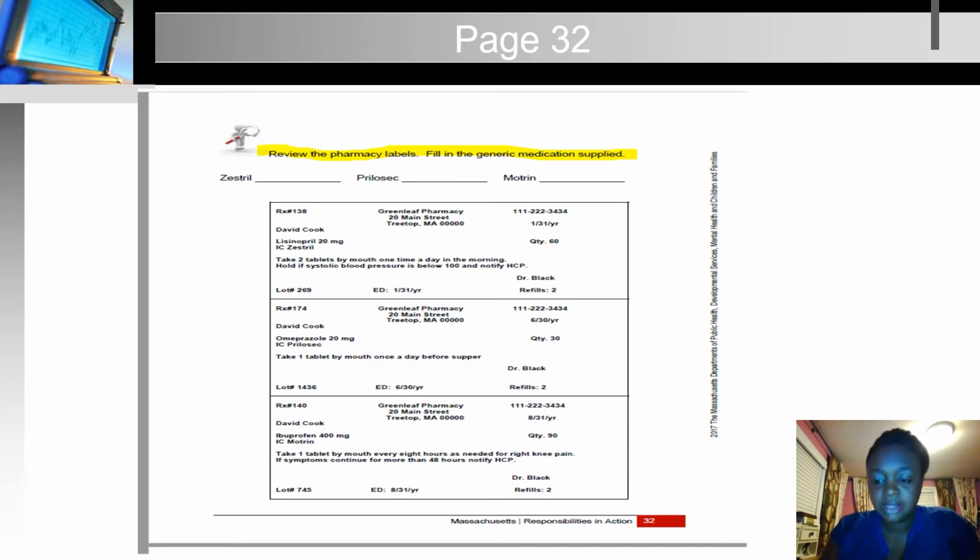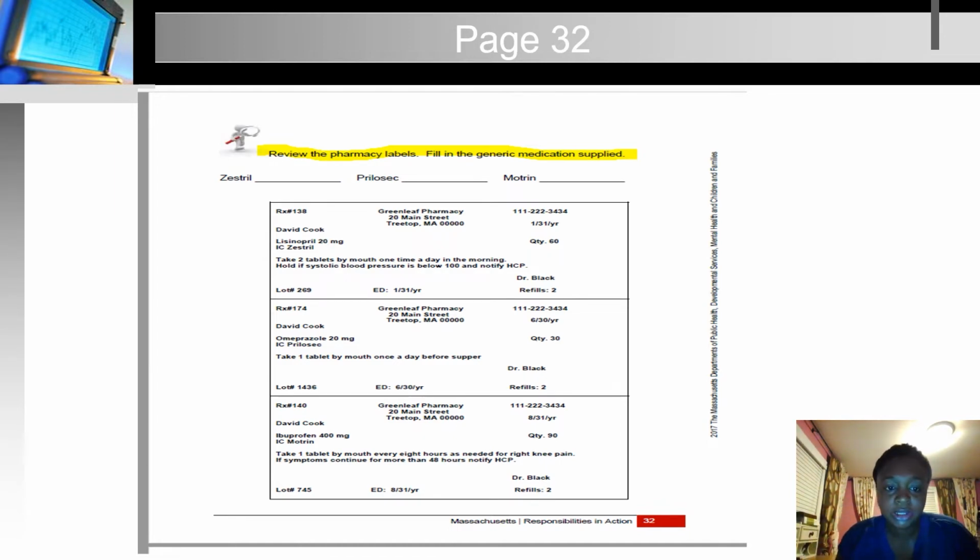Basically, this exercise is to make sure you're able to read the pharmacy label, and it's talking about looking at the interchange. So remember the IC that I showed you, interchange, meaning they could swap for one another. And so if the doctor writes one name, the pharmacy will send you both. So you know that, hey, you're not going crazy. Is this the med I'm looking for? It is. It's just a different name.